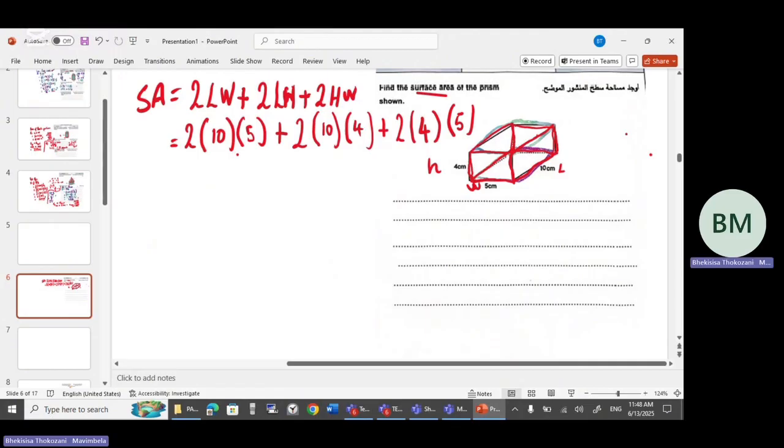Okay. So let's work on this one here now. So guys, I label my box first, and then I use my formula. So I have twice. What is 10 times 5 is 50, plus 10 times 4 is 40, plus 4 times 5 is 20.